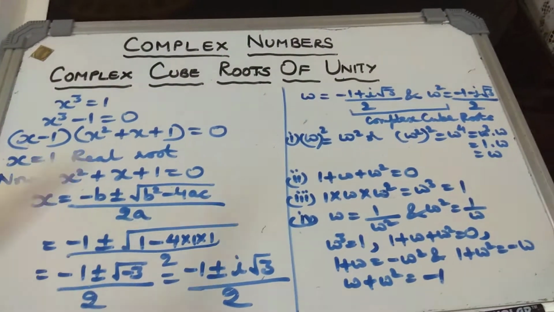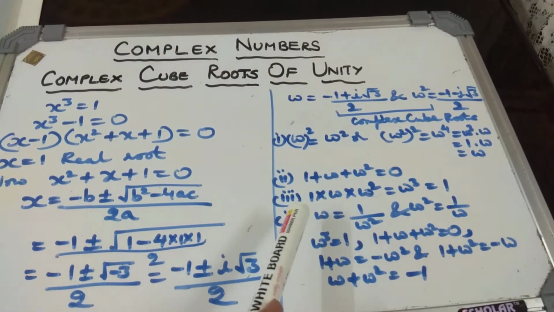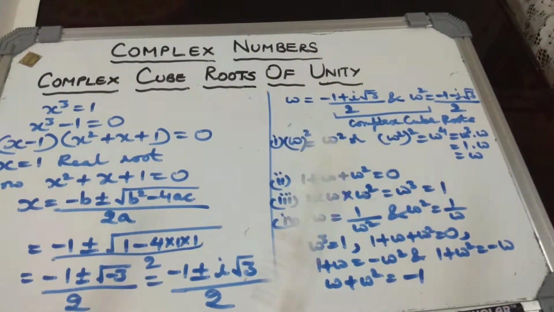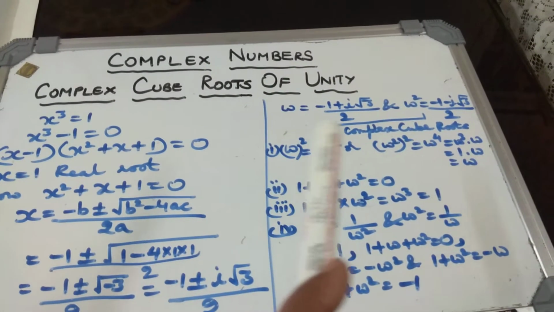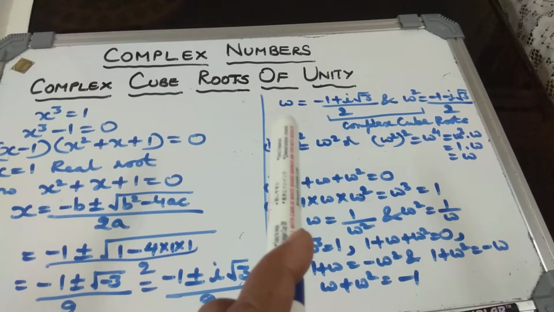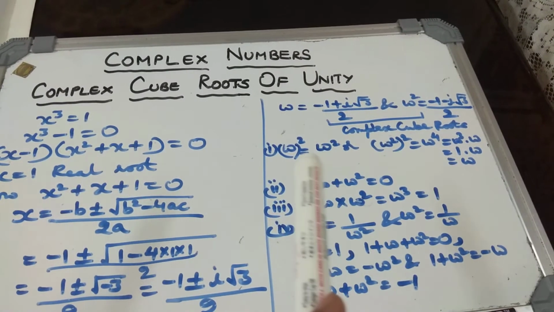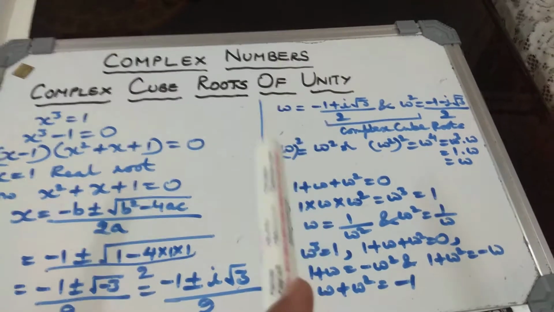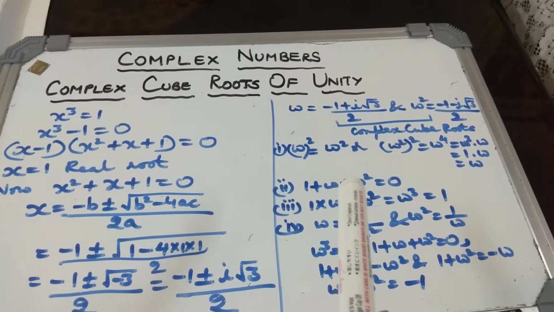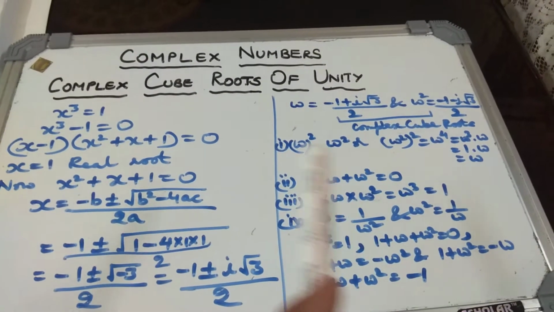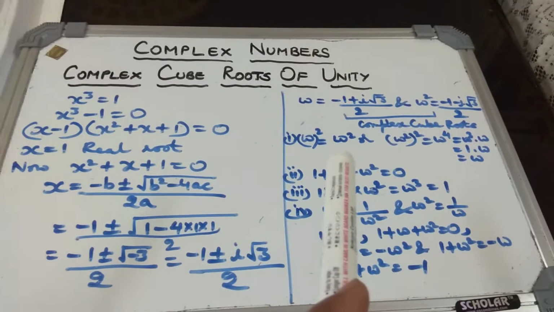Now there are few properties of these omega and omega square. The first property says that square of this complex root will give you the other root. I have not shown you the proofs. If you are interested in proof, you can do it yourself. We need to know the properties.